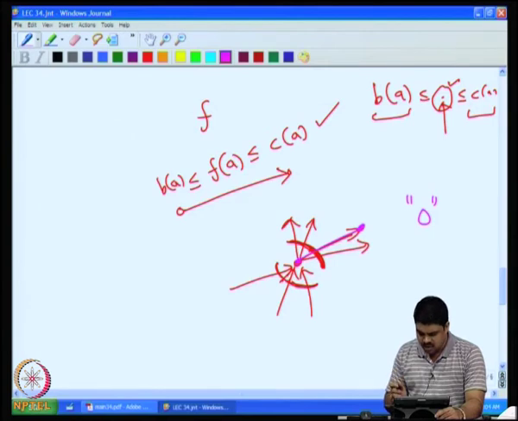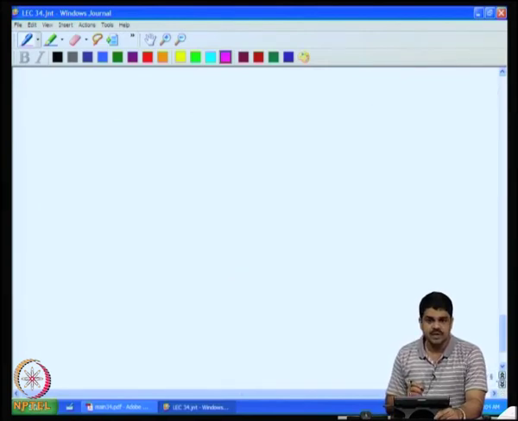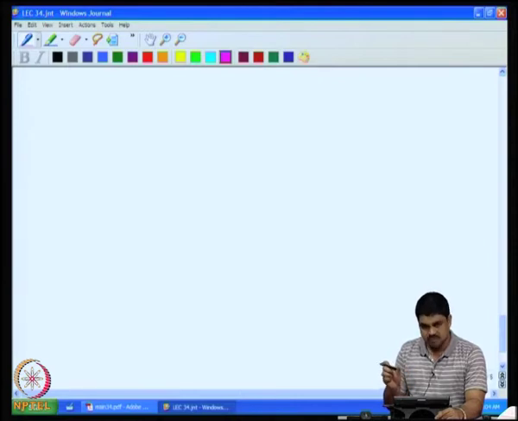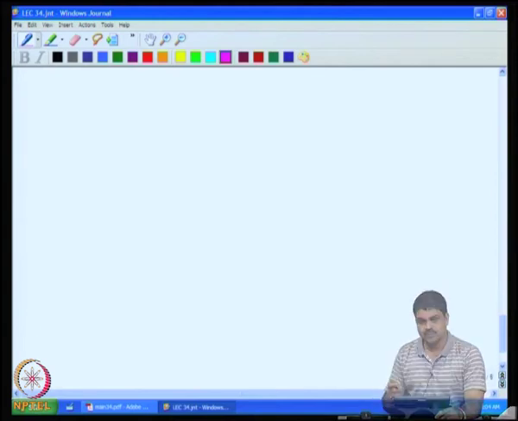Now, we are going to demonstrate a method by which we can modify the value of the flow on some arcs of this network in such a way that we will get a new flow.